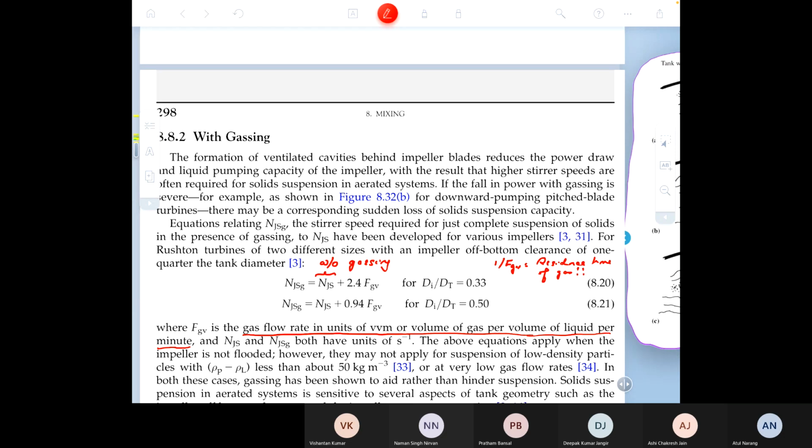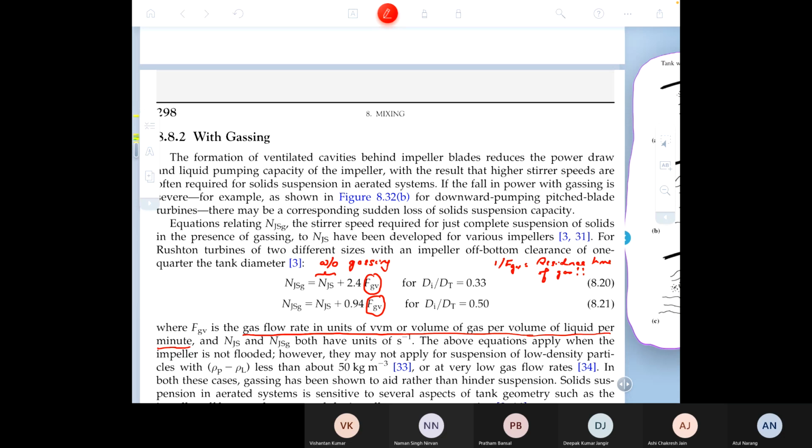So all you have to do is, if you know this FGV, now you have a gas system, and this FGV is expressed not in liters per minute, but in volume of gas per unit volume of liquid per minute.